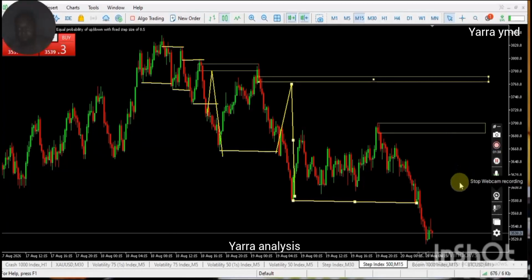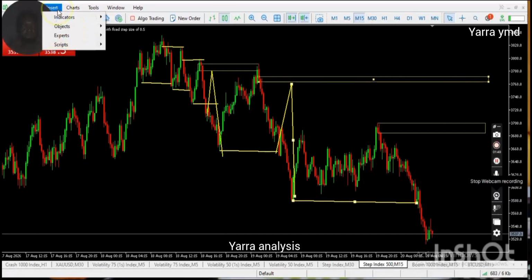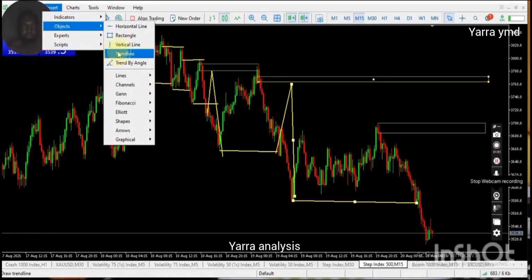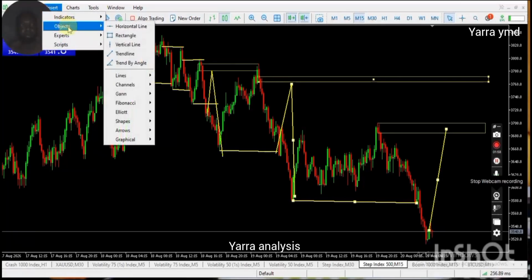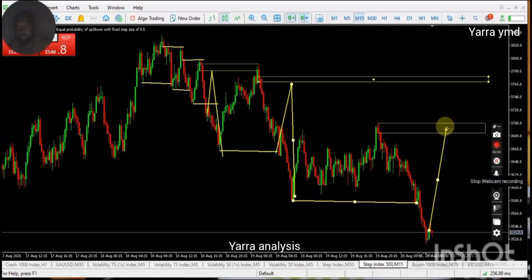And once the market retraces, we'll see if we come to this recent magnet zone. We'll wait. If we see our confirmation entry, we can enter. But if we do not see confirmation entry, we'll wait and see what the market will do. So we need a retracement back to this recent magnet zone that broke that low.